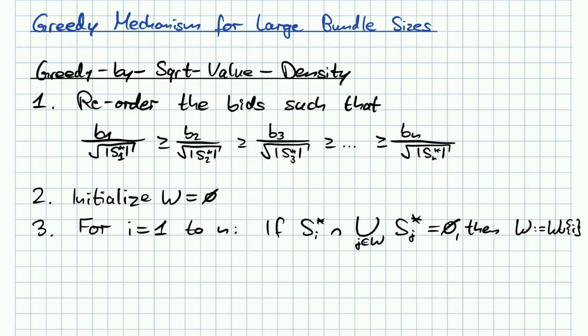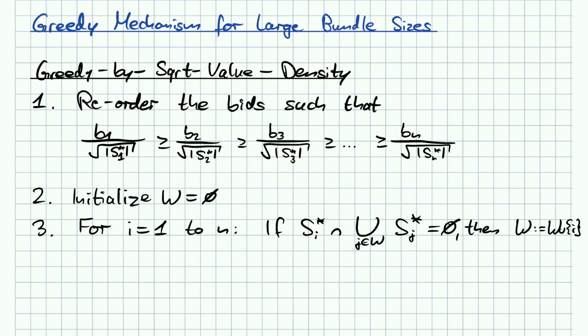And for this, we can actually show a better approximation guarantee. Namely, we can show a better approximation guarantee if these sets, or if the biggest of these sets S_i star is very large.